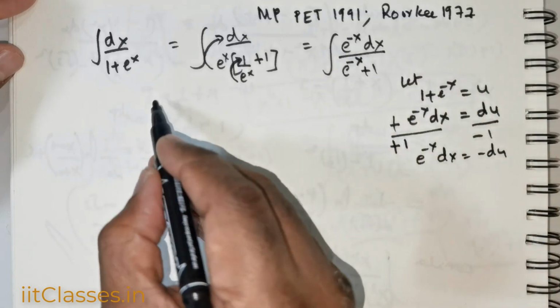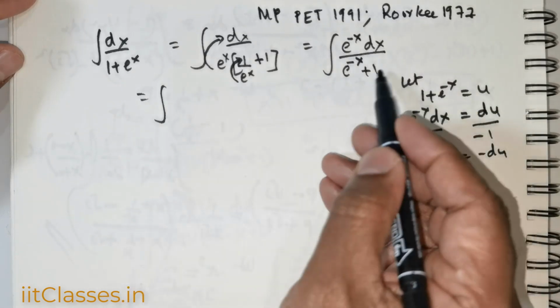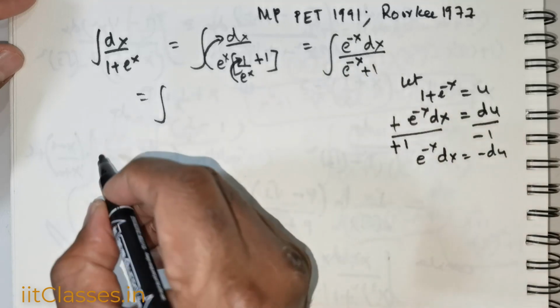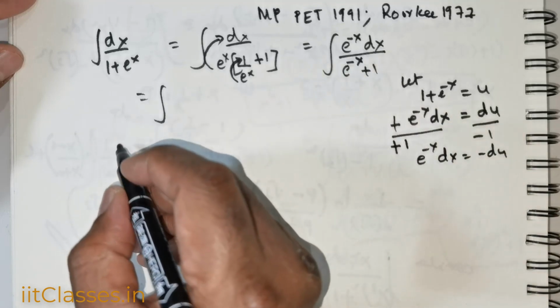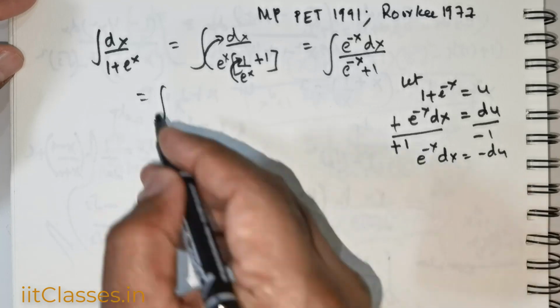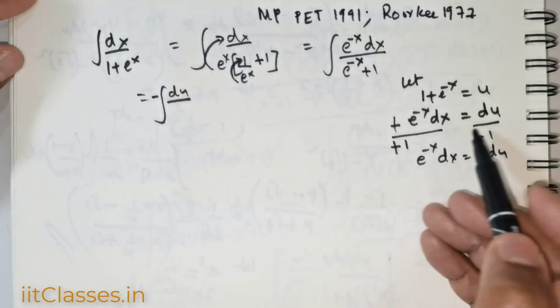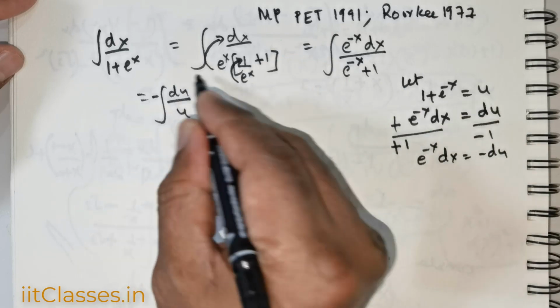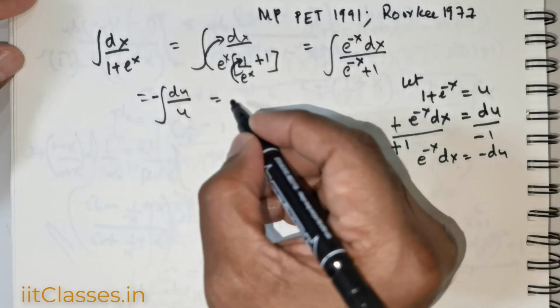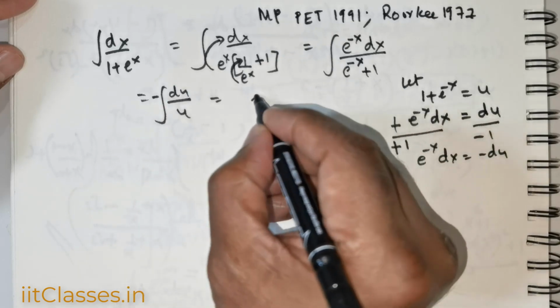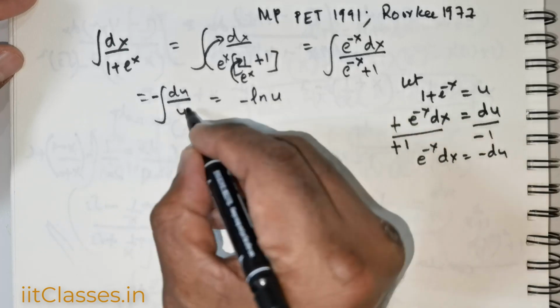So this is rewritten as: in place of e raised to the power of negative x times dx, we have negative du, divided by, in place of 1 plus e raised to the power of negative x, u. This is integral du over u, which is the same as integral dx over x, which is nothing but ln u with a negative sign.